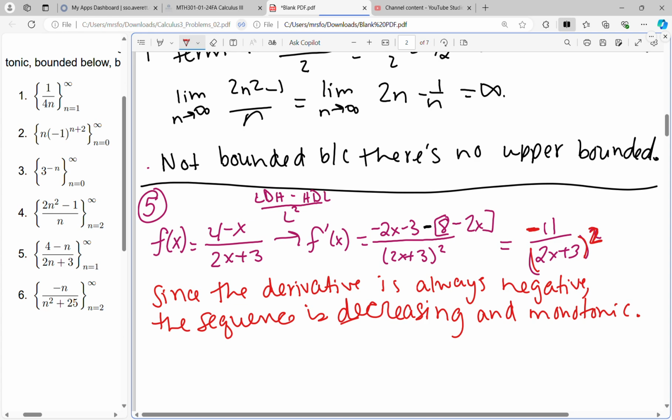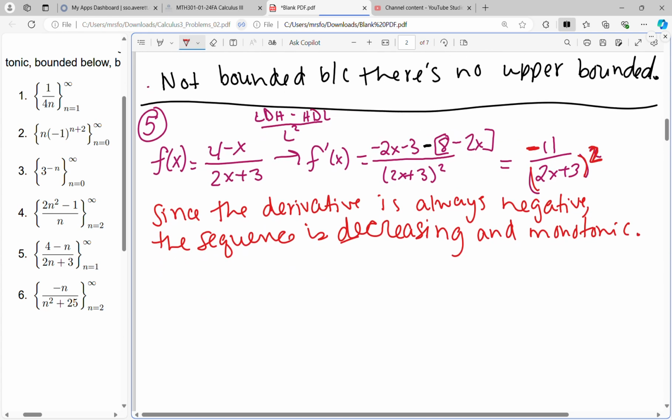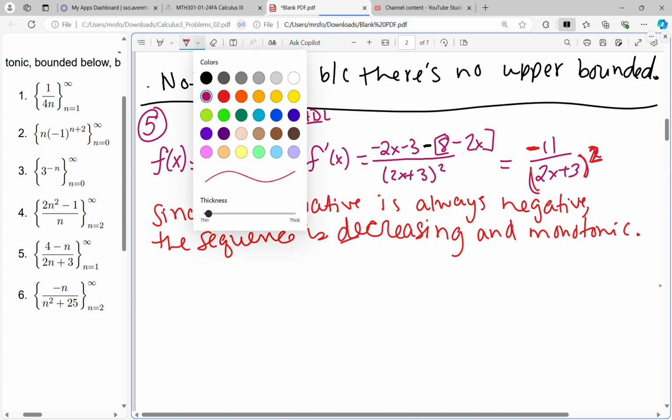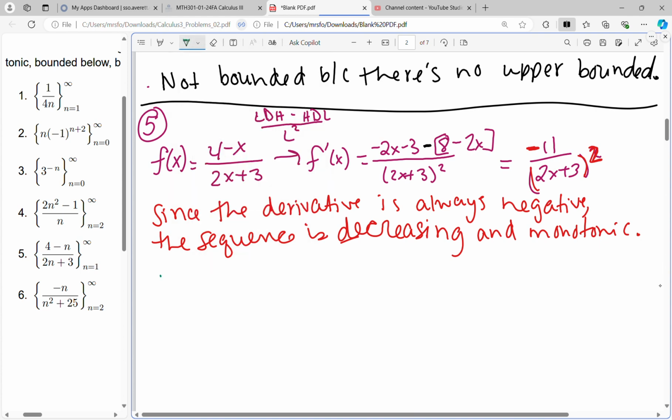So now we want to determine whether or not it's bounded. So it's decreasing. So whatever the first term is, it's decreasing, so the upper bound is going to be that first term. So we say our index is 1, so we would say 4 minus 1 over 2 times 1 plus 3.